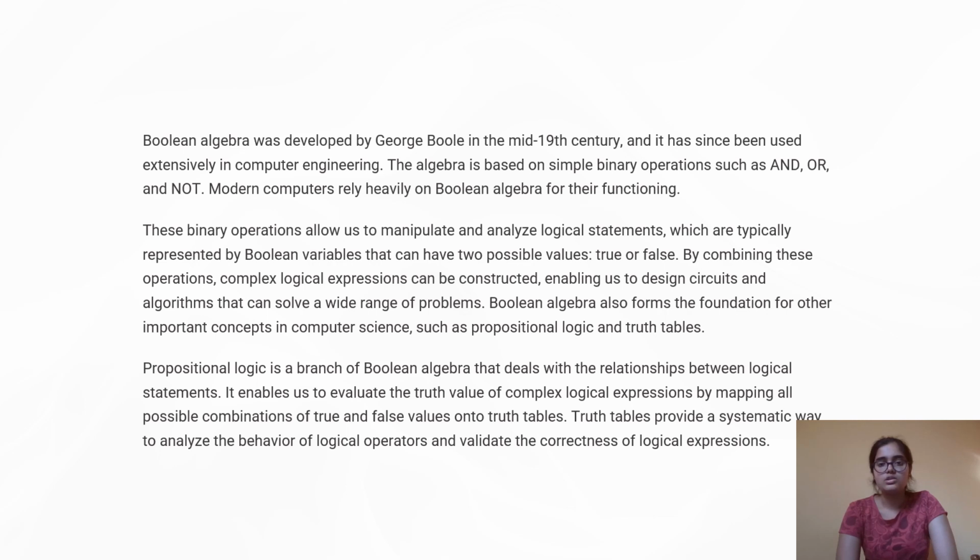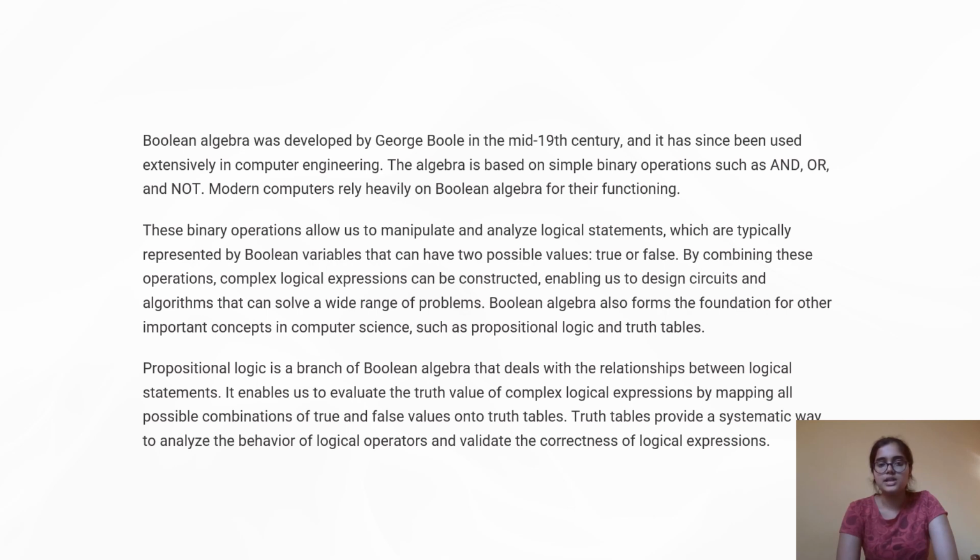Boolean algebra also forms the foundation for other important concepts in computer science, such as propositional logic and truth tables. Propositional logic is a branch of Boolean algebra that deals with the relationships between logical statements.